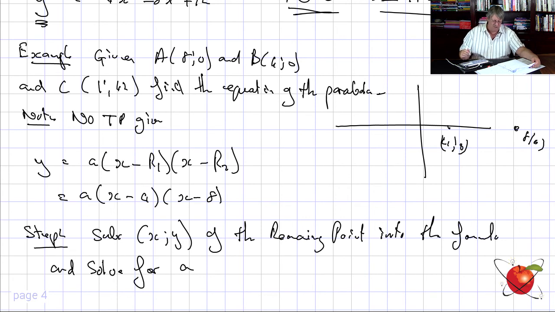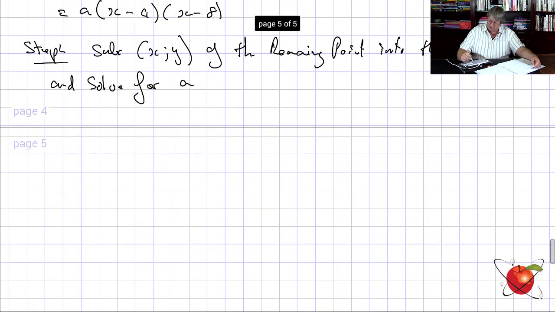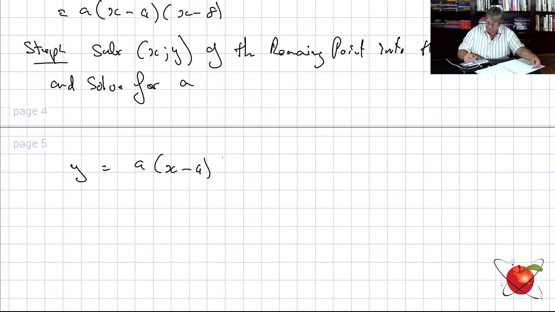So we then have y is equal to a times x minus 4, x minus 8. And the point I'm subbing in is 1 and 42.